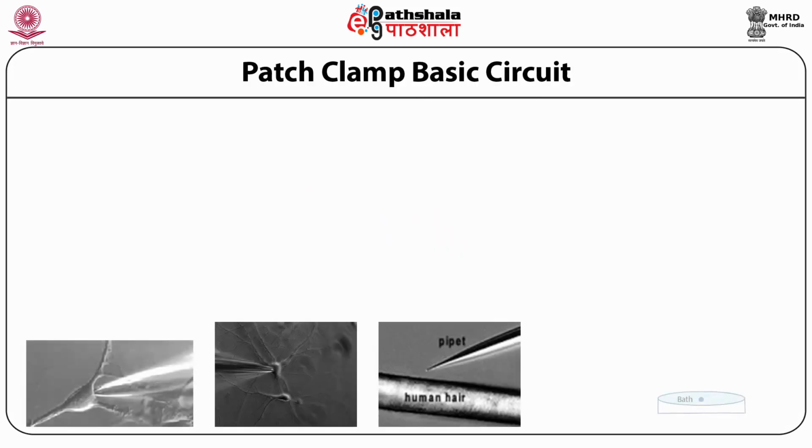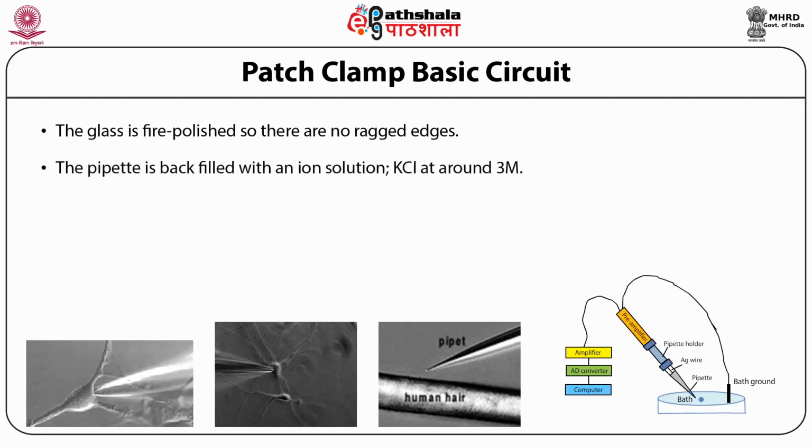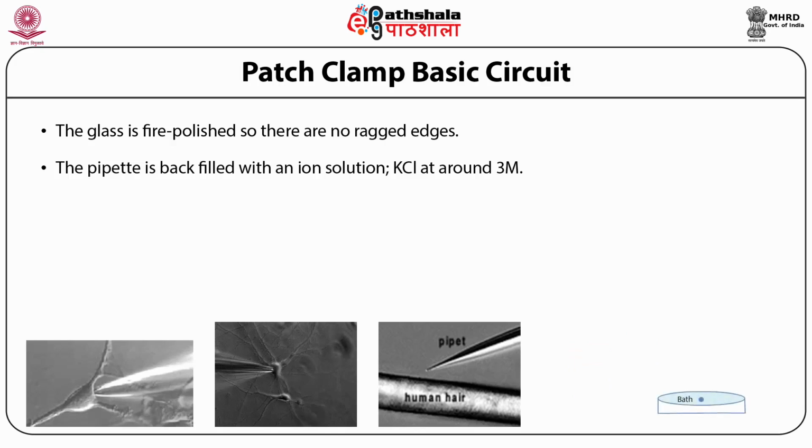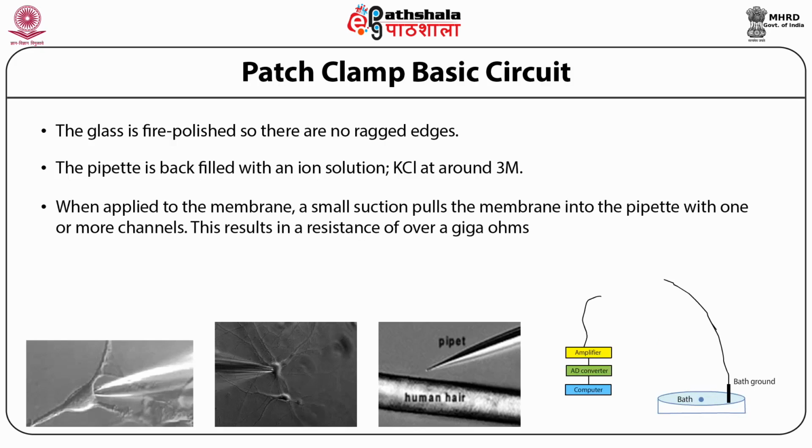Patch clamp basic circuit. The glass is fire polished, so there are no jagged edges. The pipette is backfilled with an ionic solution. Normally, it's a 3 molar KCl solution. When applied to the membrane, a small suction pulls the membrane into the pipette with one or more channels.